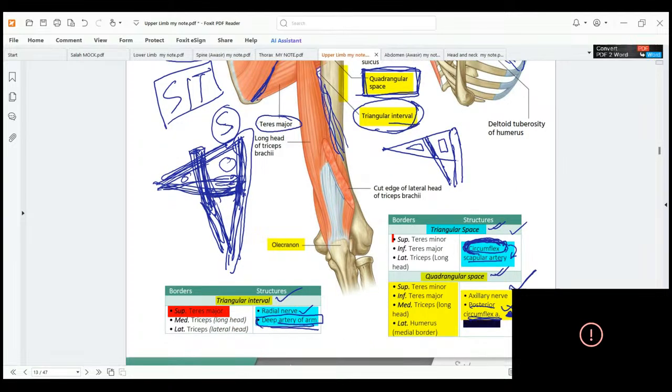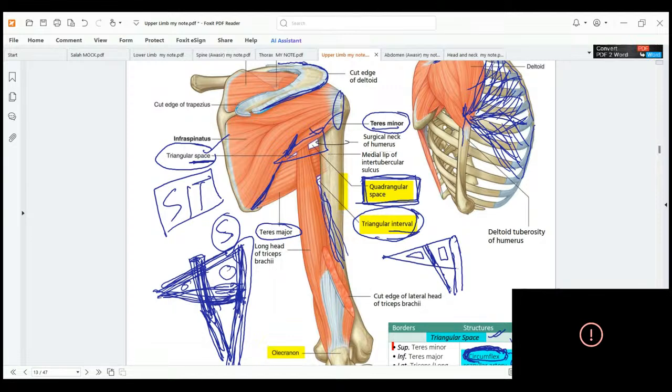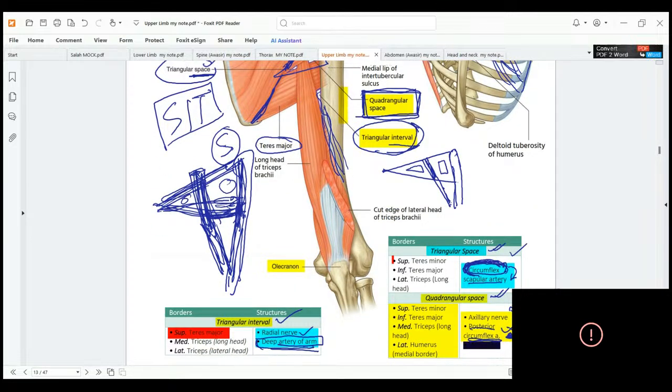Laterally humerus, medially triceps long head, teres minor superiorly, teres major inferiorly, and contents: axillary nerve and posterior circumflex humeral artery. And the triangular interval: how is it formed?